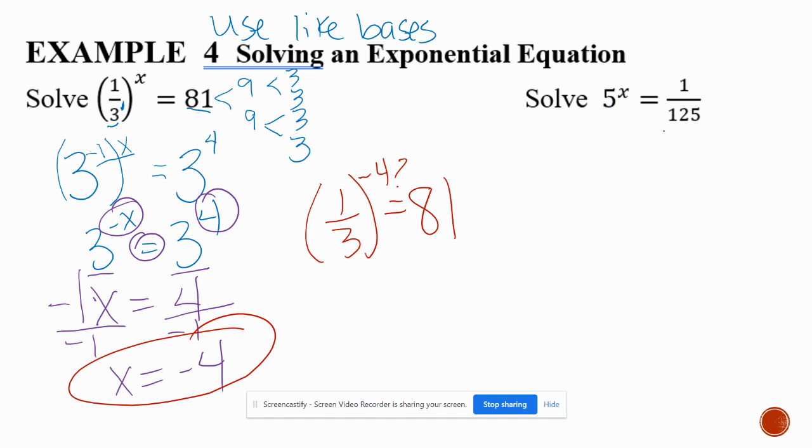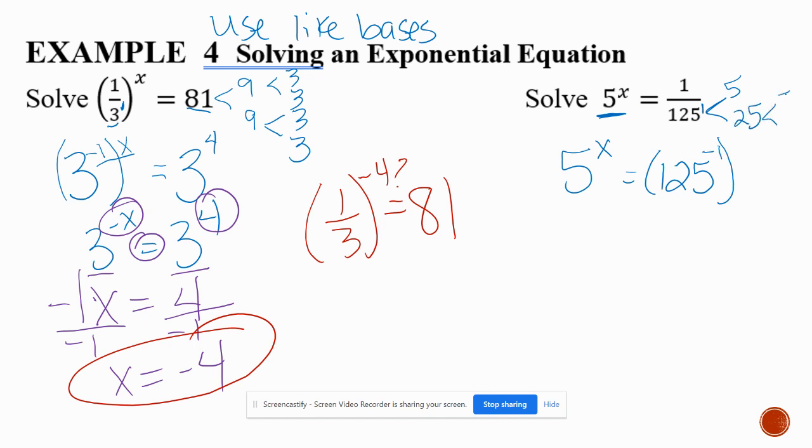We have a base 5 and a base 1 over 125. 5 is my smaller one. Remember, 1 we can't use. So we'll leave the 5 to the x power. Right now, this is 125 to the first power. I want to flip it back up. We use our negative exponent rule to do that. And then I say, okay, how many 5's can multiply to 125?